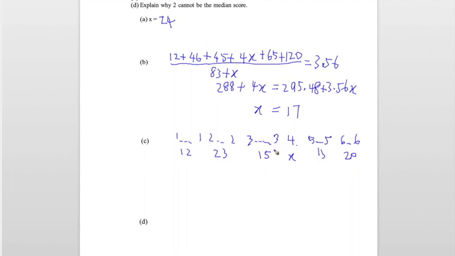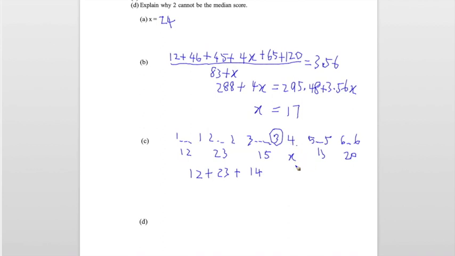So if 3 is the median, if we take the first 3, then we have a smaller value for x. So to get a larger value of x, we need to take the last 3. If we take the last 3, there will be 14 threes left, plus 23, plus 12.